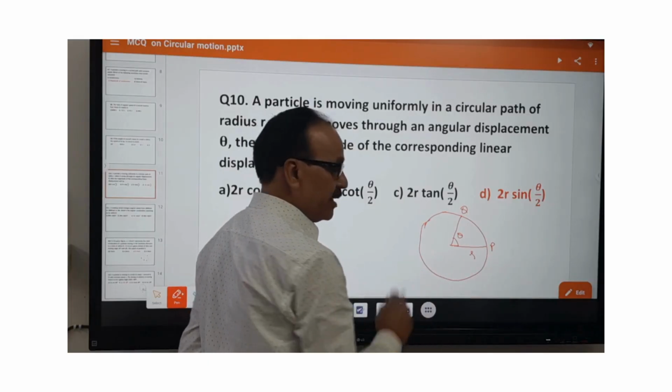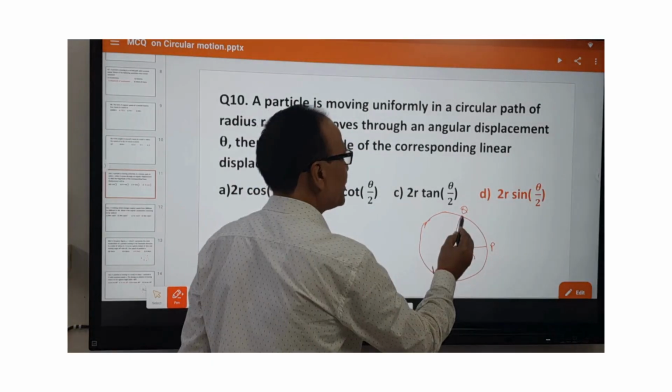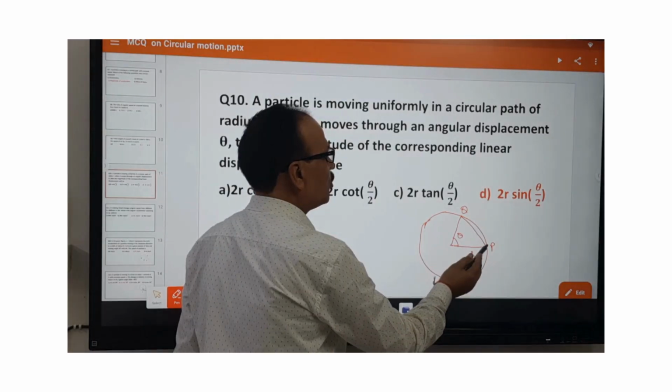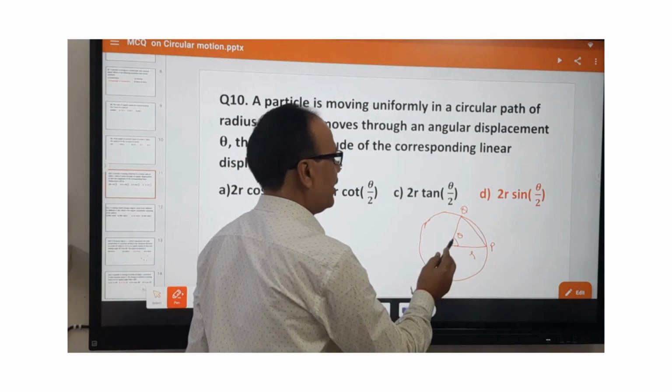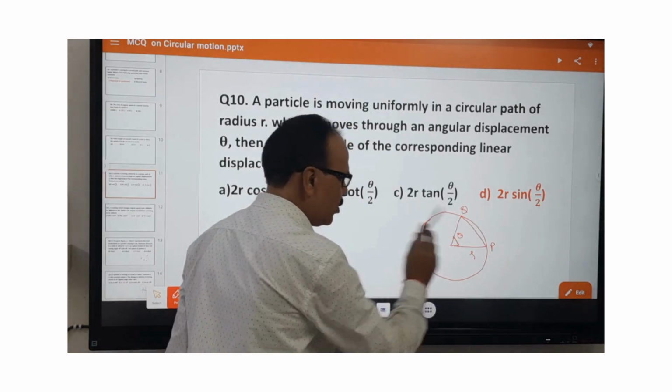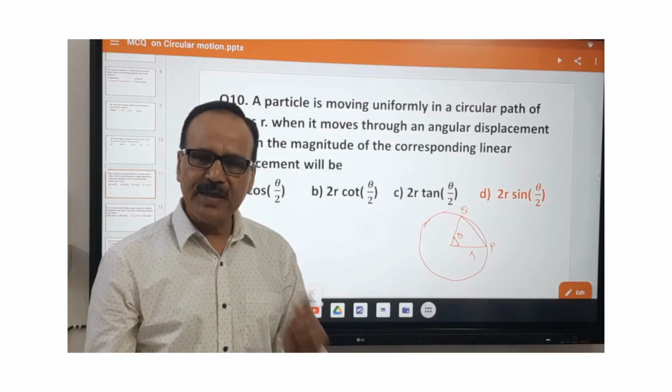And what is the linear displacement? Linear displacement is PQ. PQ is the linear displacement when it moves from P to Q, and angular displacement theta is given. We have to calculate the value of PQ.